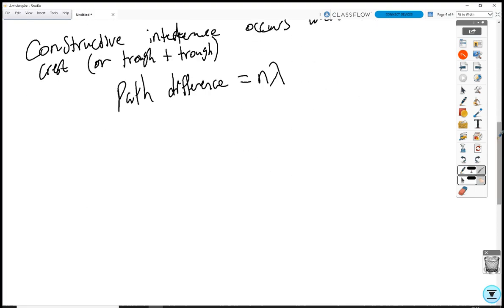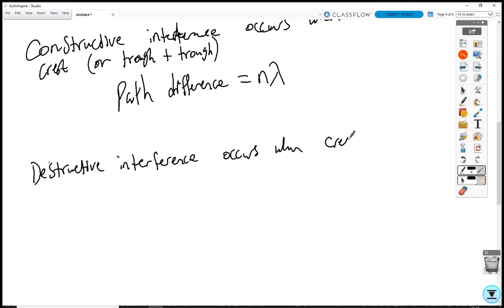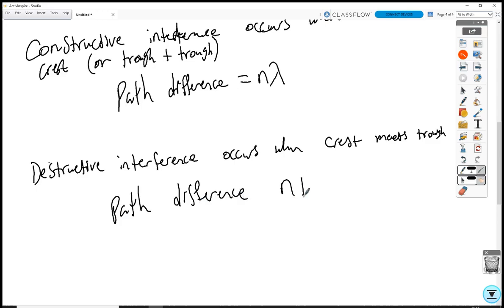Destructive interference happens when a crest meets a trough. And there you've got a path difference of n plus a half lambda.